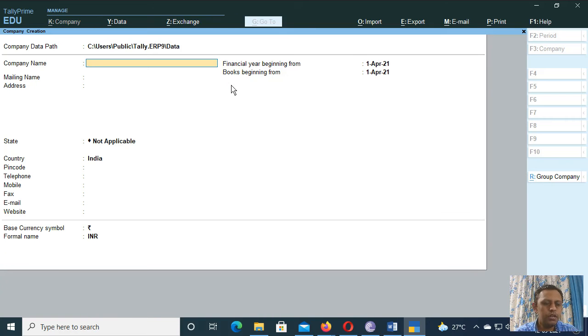You can put any of your data which you require, as this is your homework. You need to create a company for Tally Prime with proper address, proper phone number and proper details.